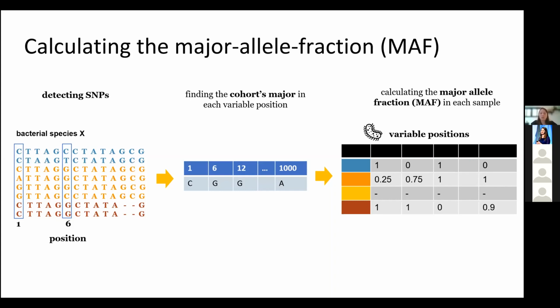But of course, when we look at the microbiome, a participant may have 700 copies of the major allele and 400 copies of the minor allele, and any fraction can exist. So we quantified it with a continuous number between 0 and 1.